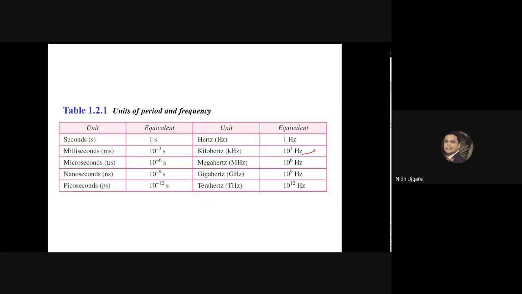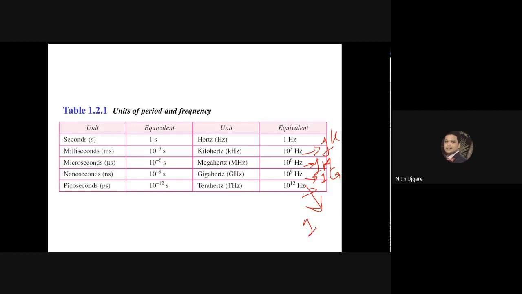So 10 to the power 3 hertz is equal to 1 kilohertz. Similarly, 10 to the power 6 hertz is equal to 1 megahertz. 10 to the power 9 hertz is equal to 1 gigahertz, and 10 to the power 12 hertz is equal to 1 terahertz.